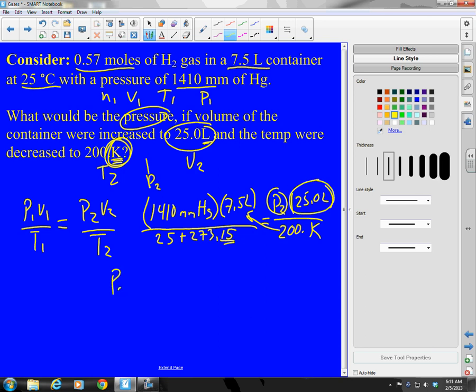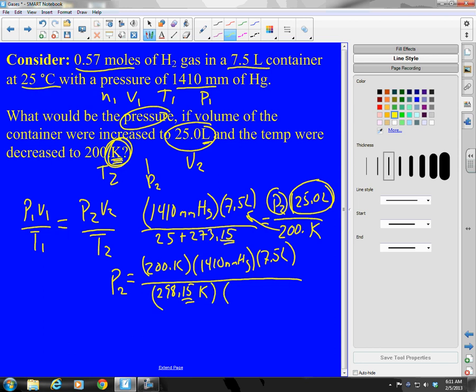P2 is going to be equal to 200 Kelvin times 1410 millimeters of mercury times 7.5 liters divided by 298.15 Kelvin divided by 25.0 liters, right? And we can check our units. My K's cancel, my liters cancel. What am I left with? Millimeters of mercury. Is that a form of pressure? Absolutely.